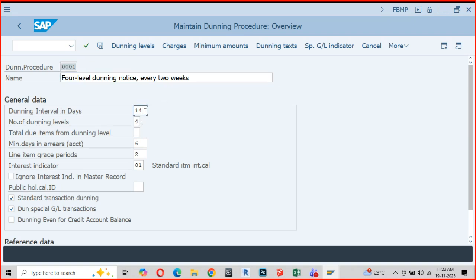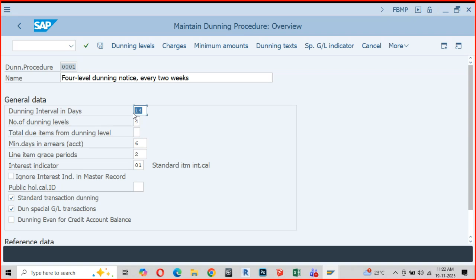Dunning interval in days, 14 days. What do we mean by this? The time gap between two Dunning reminders. That is, if I send the first reminder today, only after the expiry of the 14 days would the system take up the second level of Dunning.